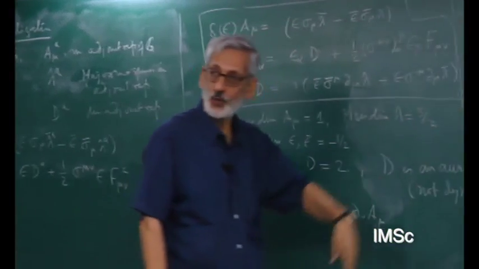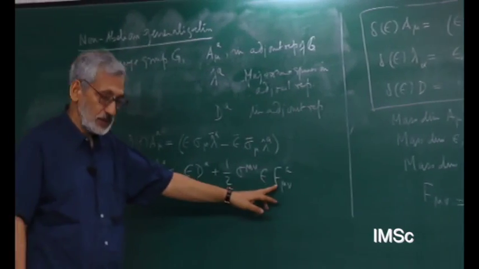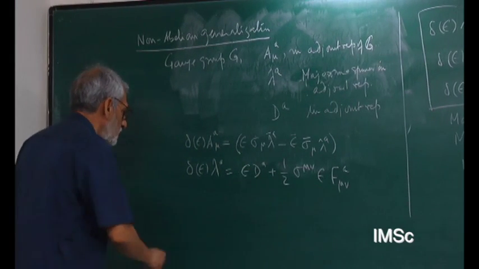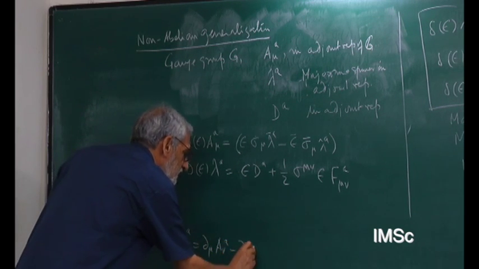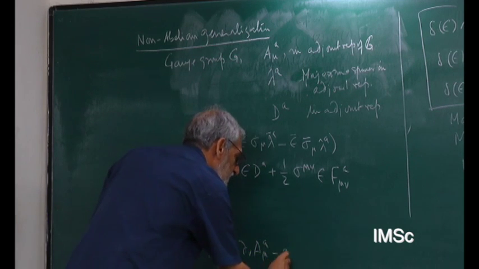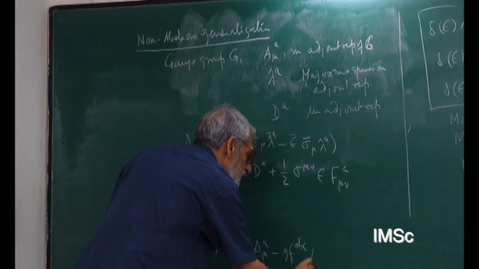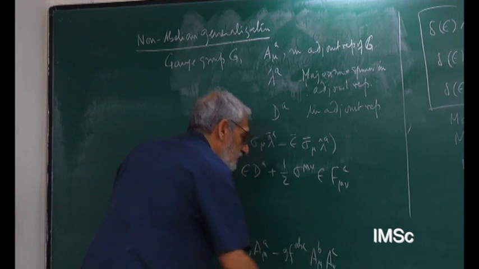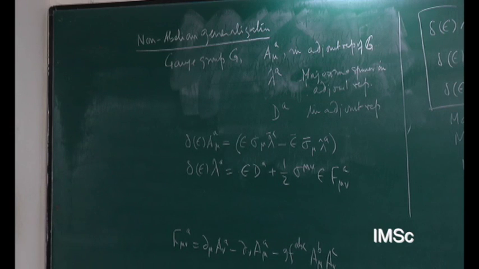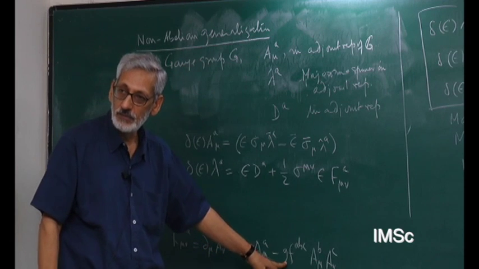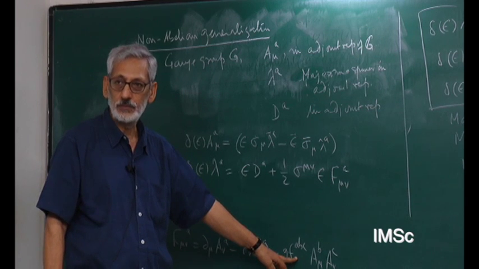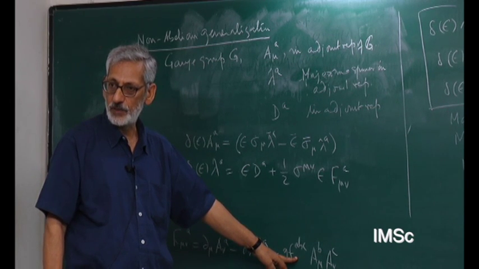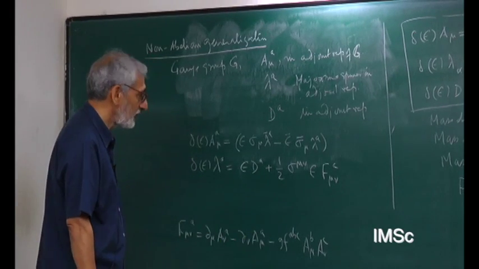Except now, instead of F, you will have the field strength of the non-abelian theory. g is the coupling constant of the theory. f ABC is the structure constant of the algebra of the gauge group G. Generators of the gauge group G.